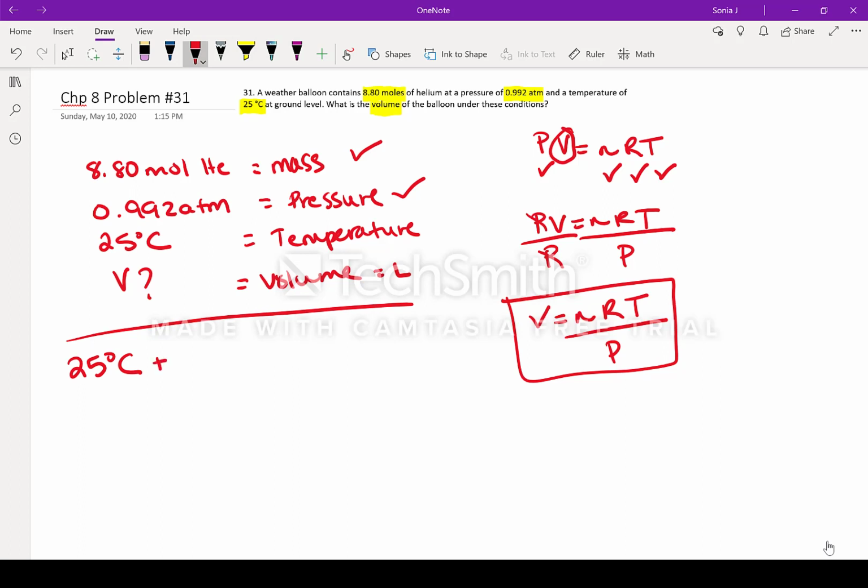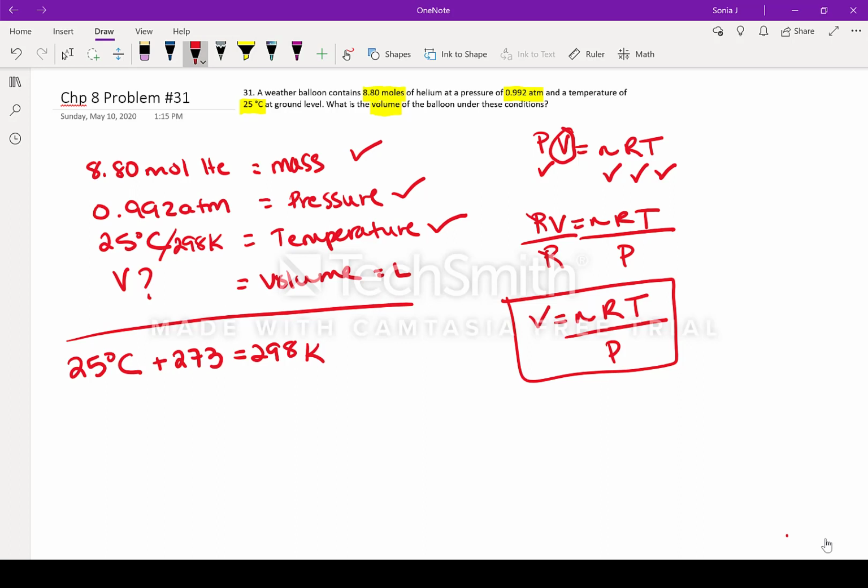So we're going to add 273 and we will get 298 Kelvin. So now we've got that. We can go ahead and just put that right here and put our check mark here.